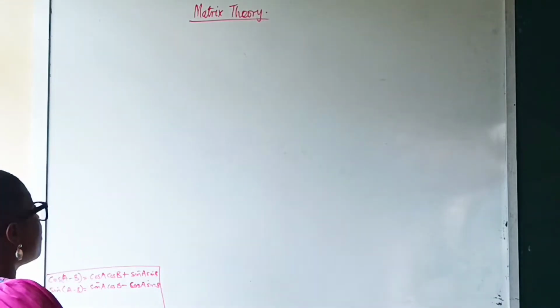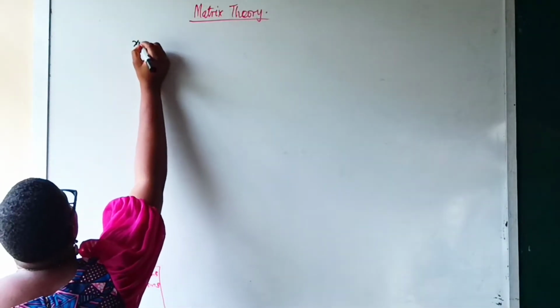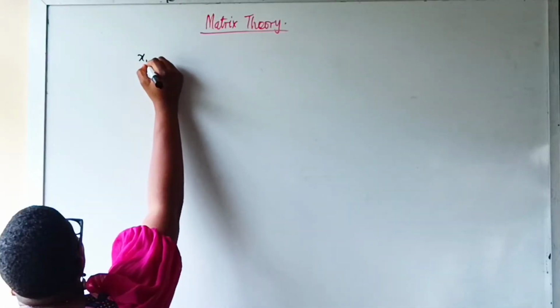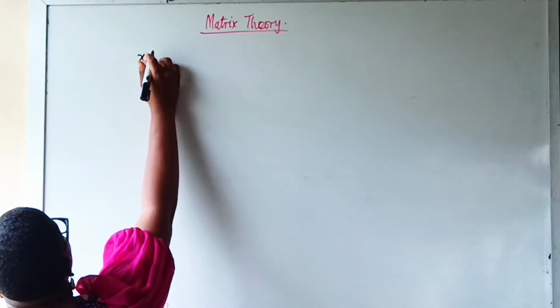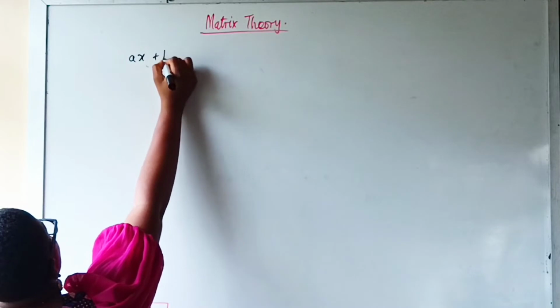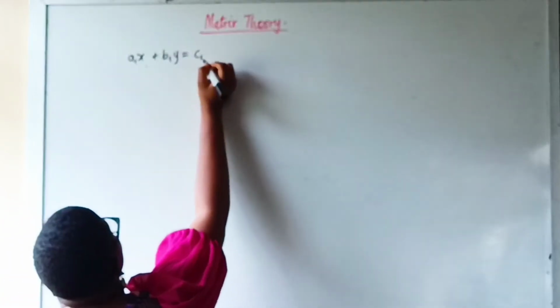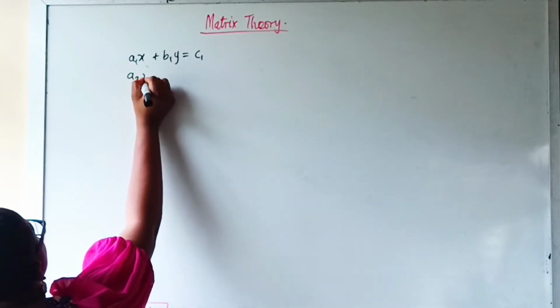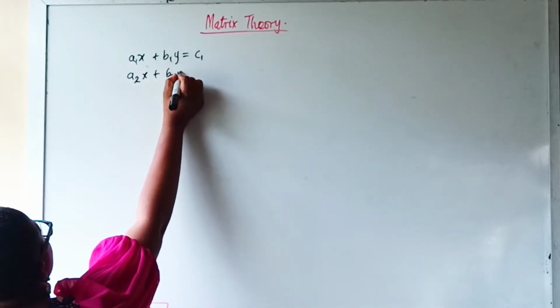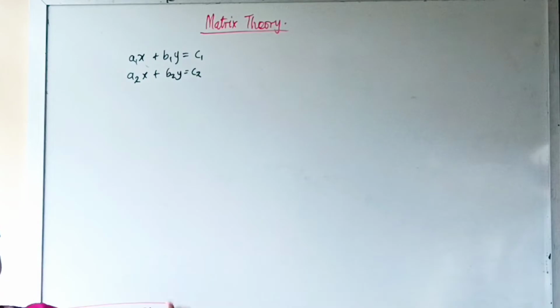For example, if you have a1x plus b1y equal to c1, and you have another one like that, a2x plus b2y equal to c2. What kind of equation is this? It is a simultaneous equation.